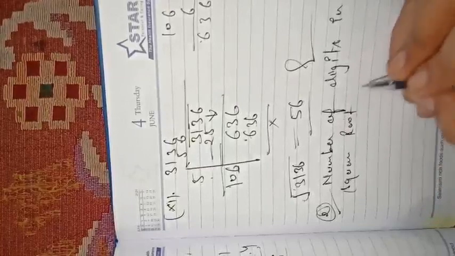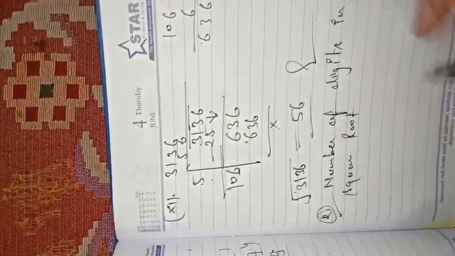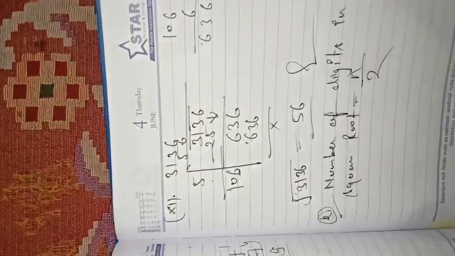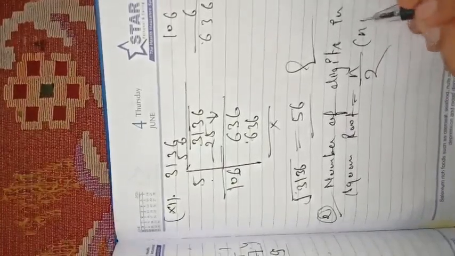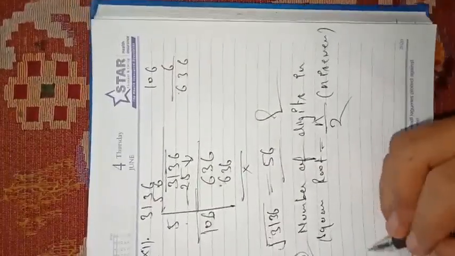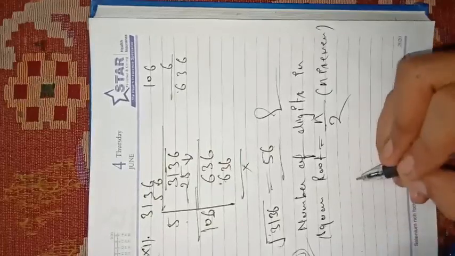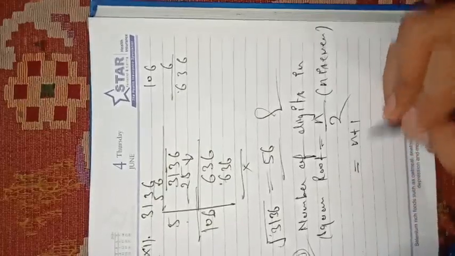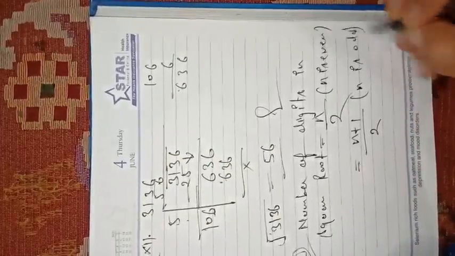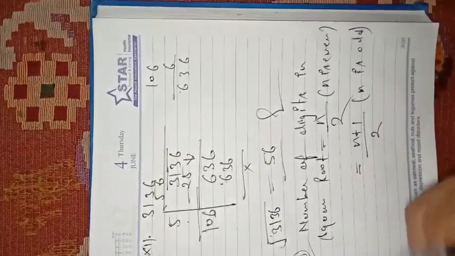Count the number of digits in the number and just do half of it. This step you will do when n is even. What is n here? n is the number of digits in the number, and number of digits in square root will be n plus 1 upon 2 in case n is odd. So remember this case. So this will help you a lot.